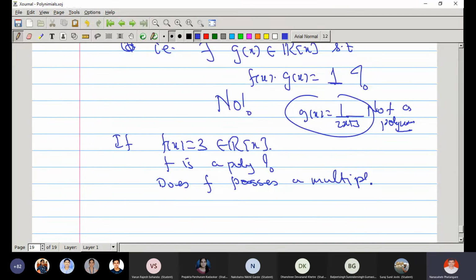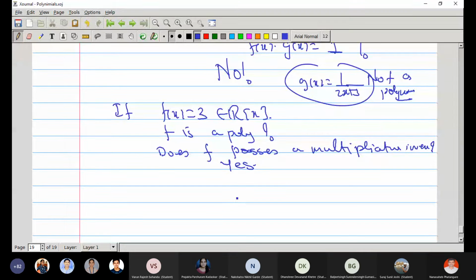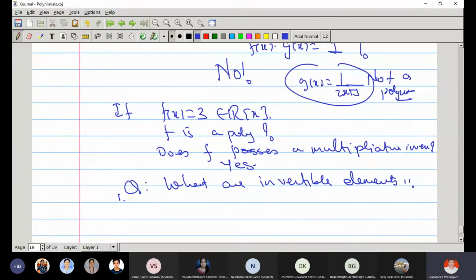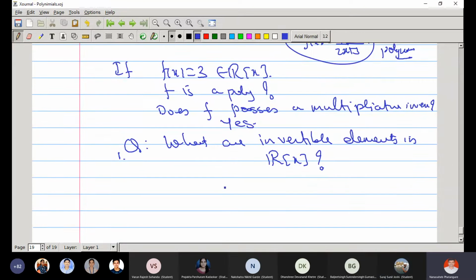Therefore, what are the invertible elements in the set of polynomials? The constants.